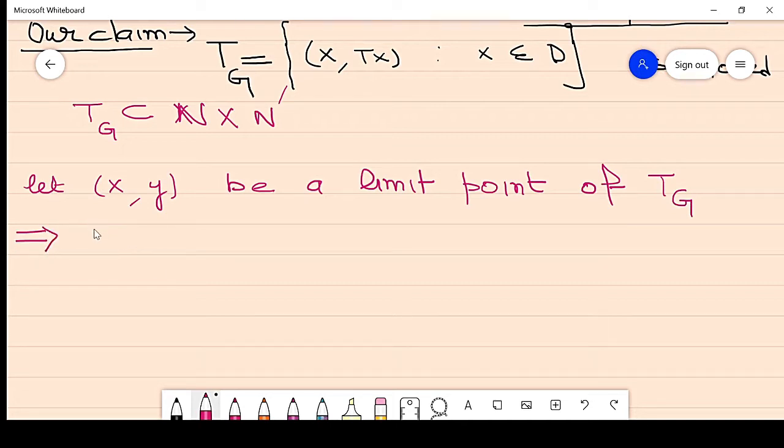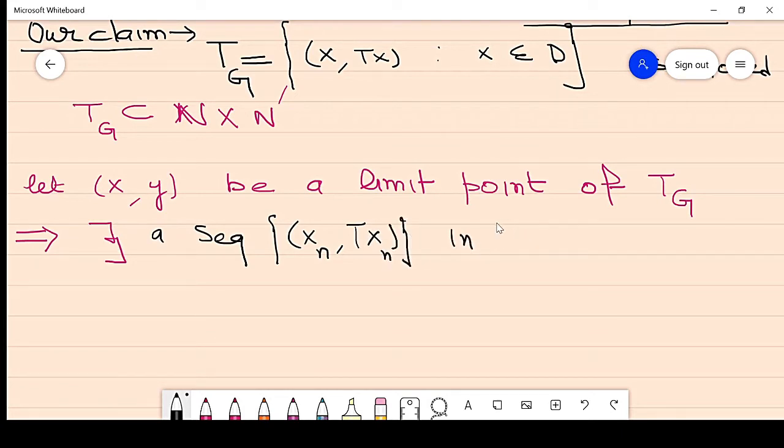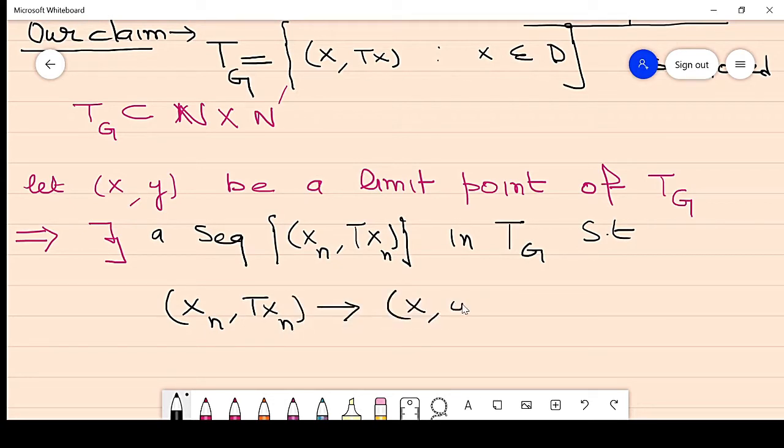If it is a limit point, then there exists a sequence (xn, Txn) in T of G such that this sequence (xn, Txn) approaches (x, y) as n approaches infinity.